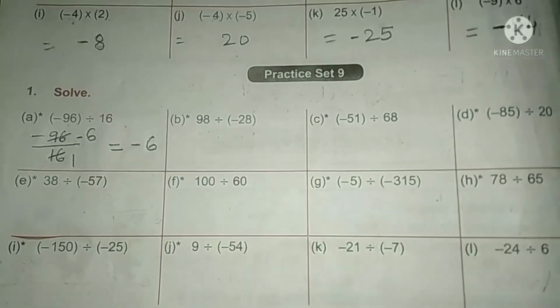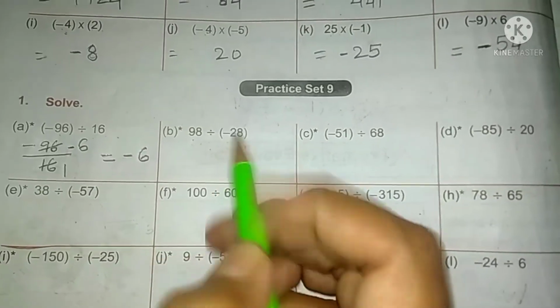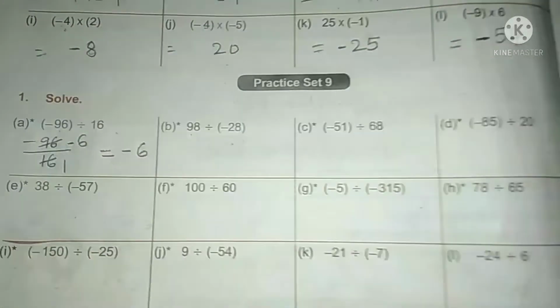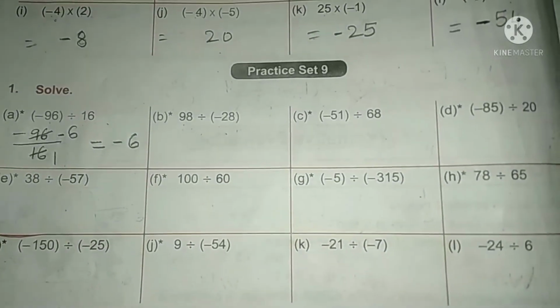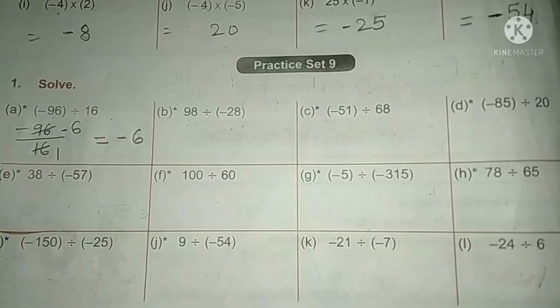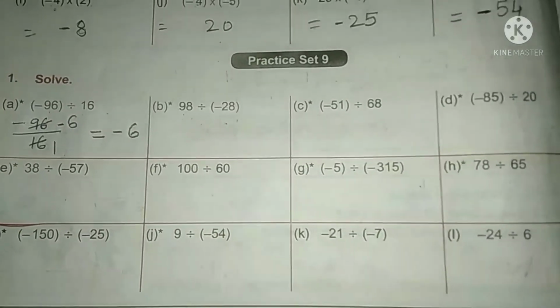Now the next one is 98 divided by minus 28. See here, your denominator is negative. Just now we have learned that it is compulsory to make your denominator a positive integer. How will you do this?